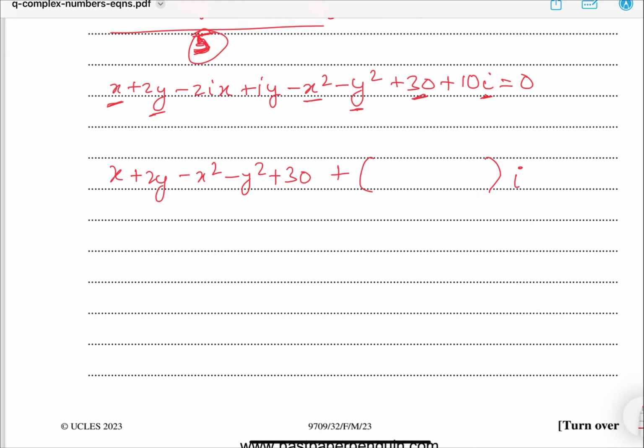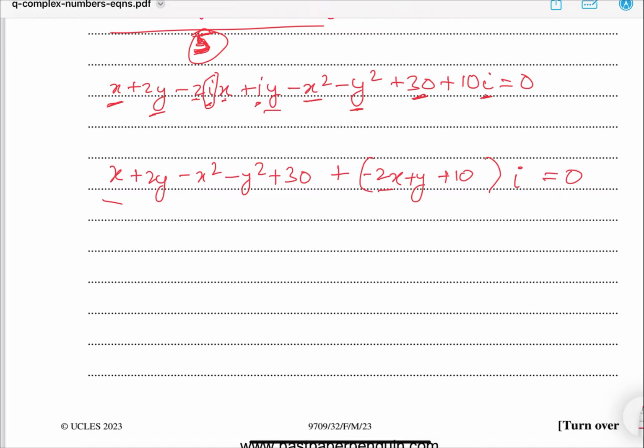I'm taking i common from this and this. So what will remain inside? Minus 2x. See, if I take i common, look very carefully, minus 2x will remain. Yes, sir. y will remain. And what else will remain? Plus 10 will remain. All of this equals 0.